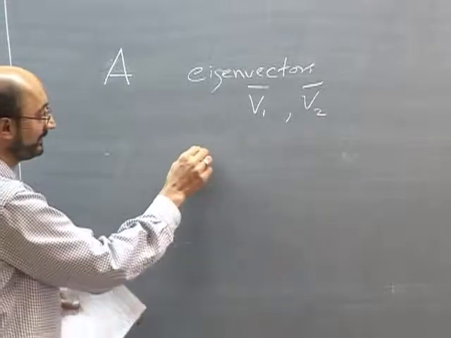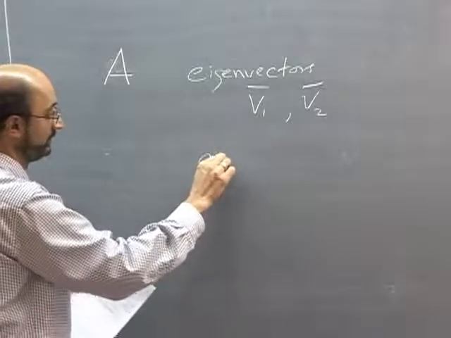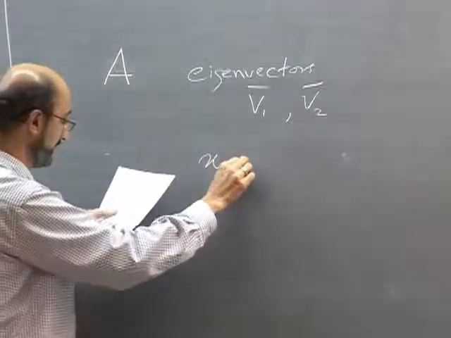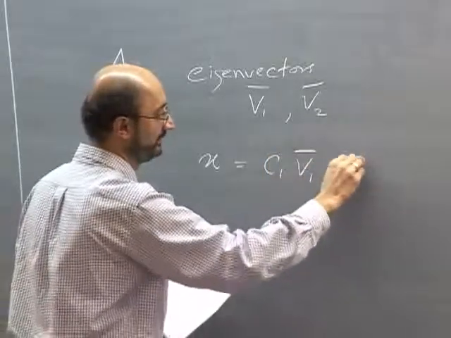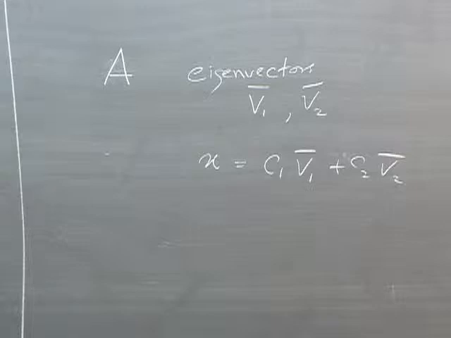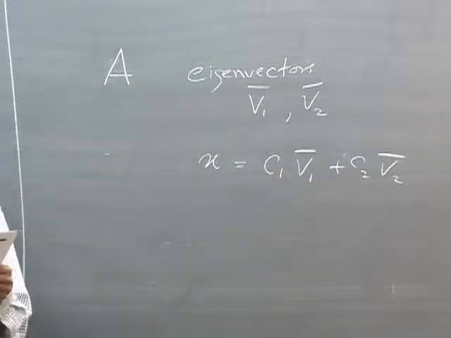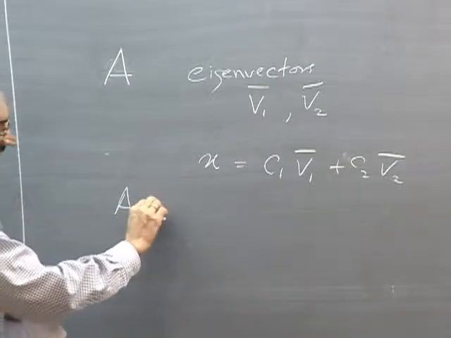Okay, so let's say there's some initial vector, I'm calling it x, and x is going to be written as c1 v1 plus c2 v2, where v1 and v2 are the eigenvectors. I used to do exactly the opposite notation in the text, but it doesn't matter. It's the same thing. So let's just look at A times x.